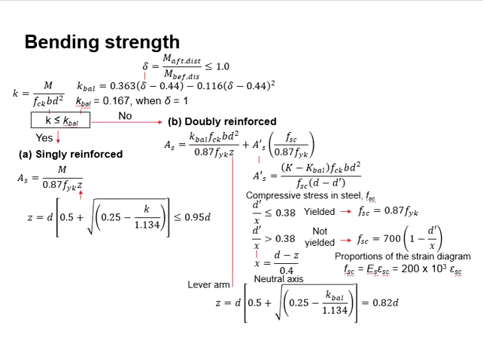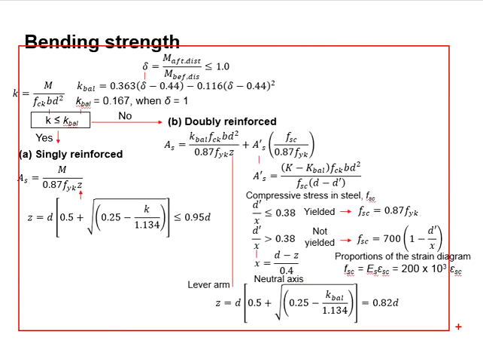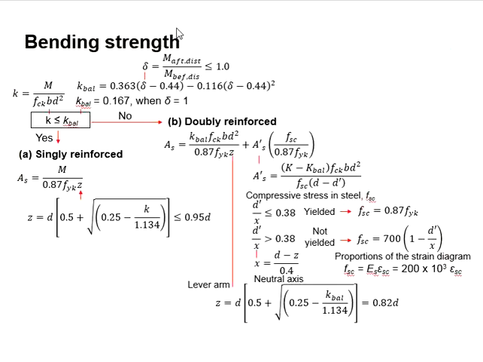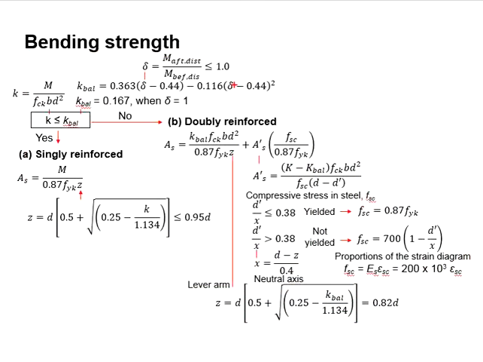Now you have a better understanding of the flowchart of the equations for the singly reinforced and doubly reinforced member. If you adhere to all these design equations, both singly reinforced and doubly reinforced members will always fail in a ductile manner. Let us go through this one by one.